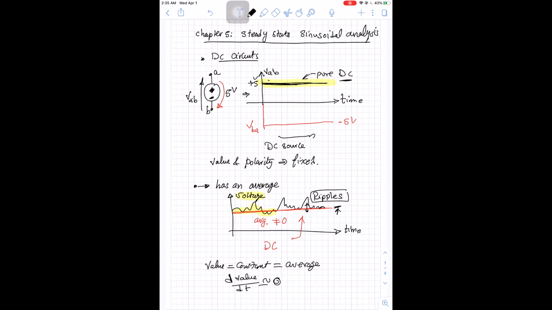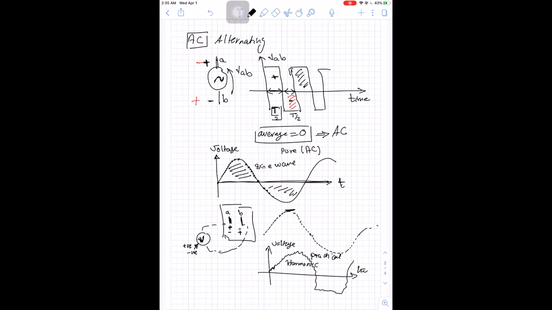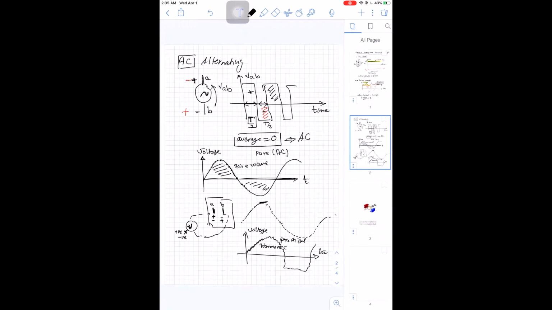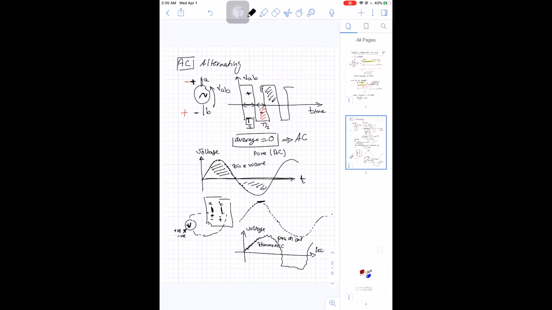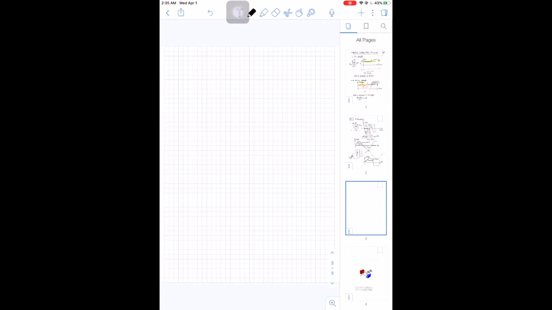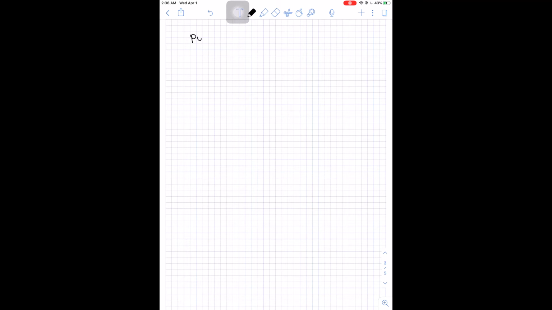So the oscillation in DC we call ripples, while the oscillation in AC we call harmonics. However, in AC we will assume that we have a pure or ideal AC.